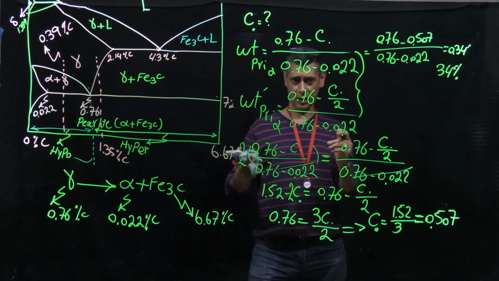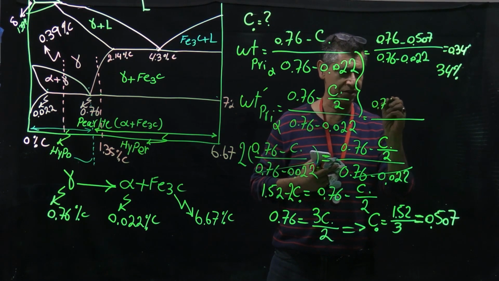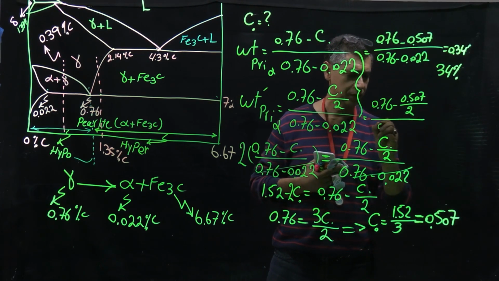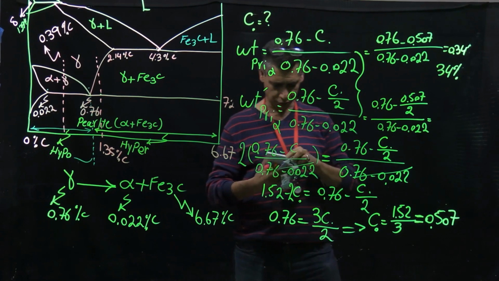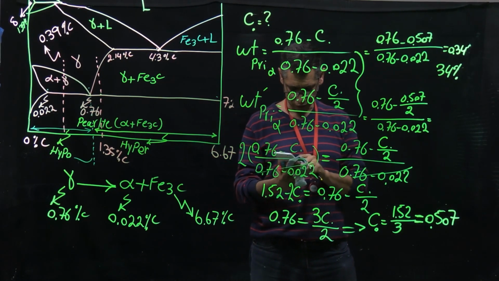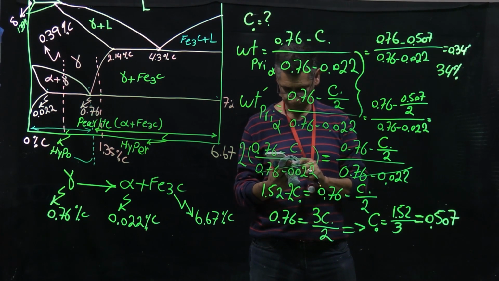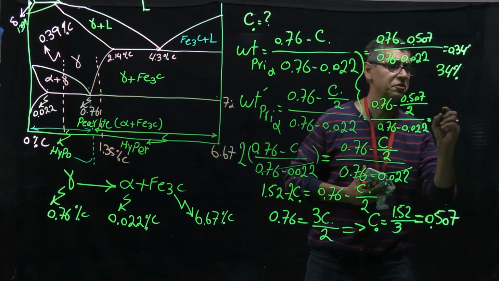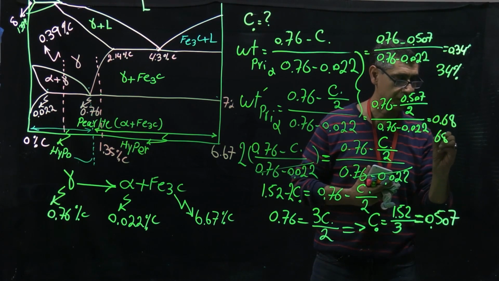How about here? Let's just do the math. Same thing, 0.76 minus 0.507 divided by 2, divided by 0.76 minus 0.022, and this answer is roughly around 0.68 or 68%.